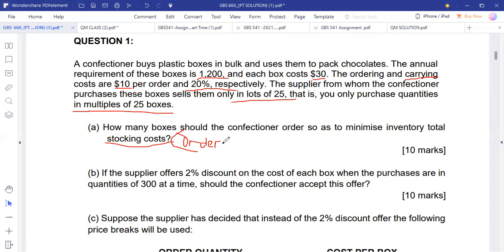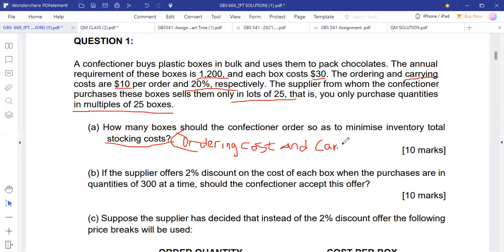We have the ordering cost, and then we also have the carrying cost. So ordering cost and carrying cost. These are the costs that constitute the total stocking cost. So these are the 2 costs relating to the stocking cost.